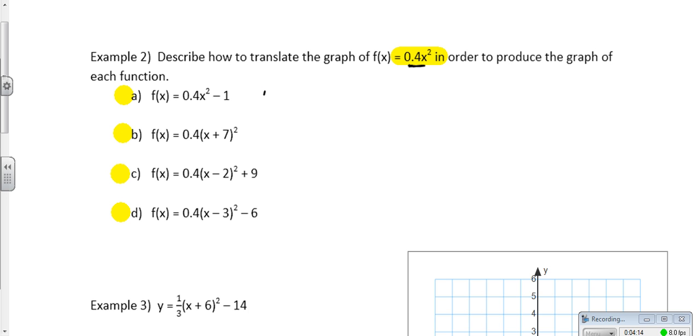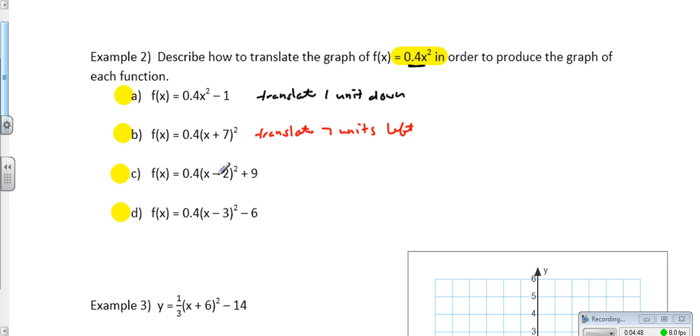Now I'll say translate 1 unit down. This one is inside the parentheses, so that means it's going to translate 7 units left. Inside the parentheses is a left and right movement, and it's opposite of what you think it would do. Next one.